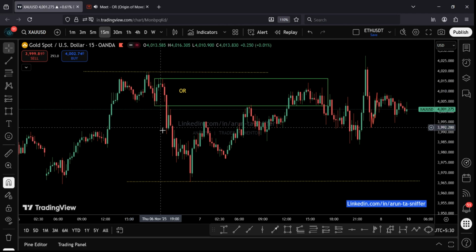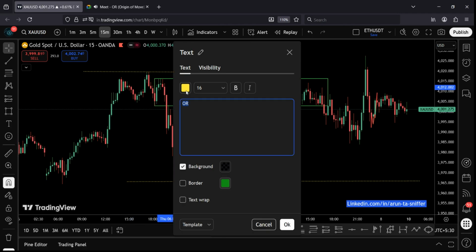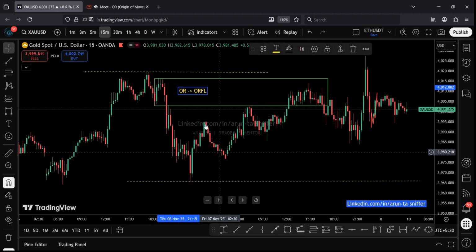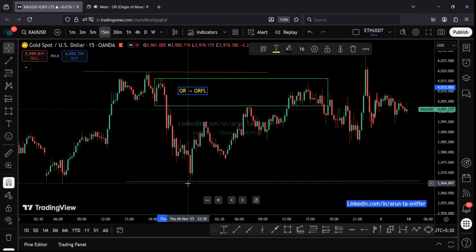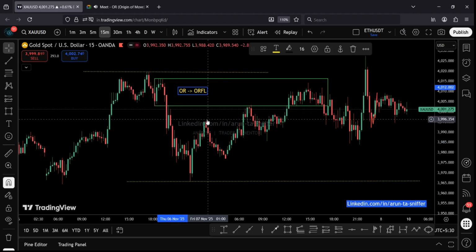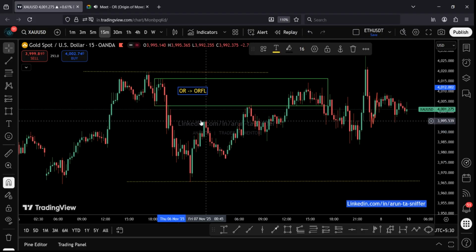Okay, price came down, goes up, hit this origin, and price holds down. So what did this become? ORFL. Okay, price came down, then bounced from here, goes up, came down, then goes up. So what will be our origin here?